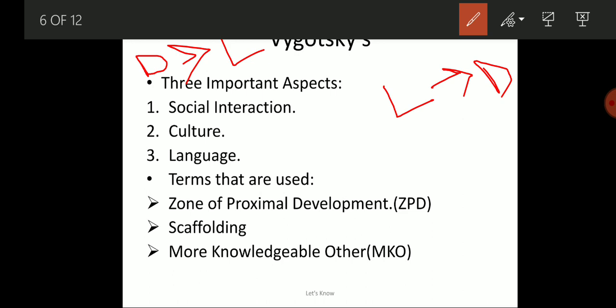Three aspects are social interaction, culture, language. He also used some terms. You can see here zone of proximal development, ZPD, scaffolding, and more knowledgeable other, short form MKO.